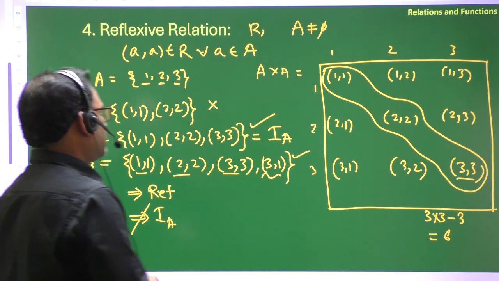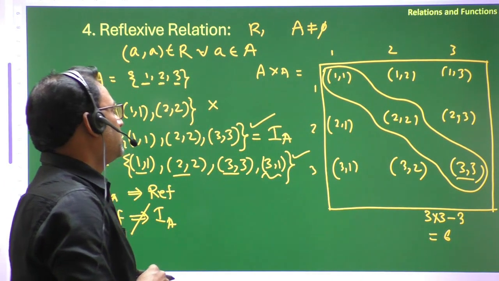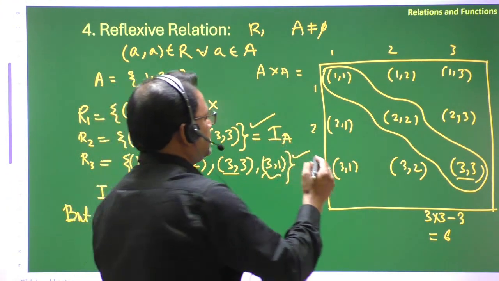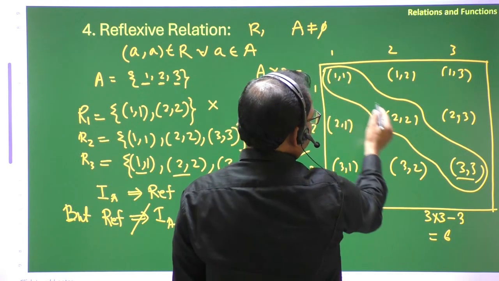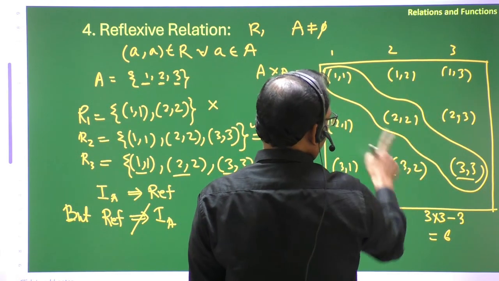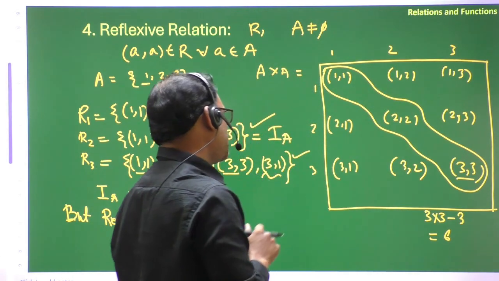Now we are going to calculate how many reflexive relations we can define on the set A. The diagonal elements are compulsory to define a reflexive relation, and for every non-diagonal element we have 2 choices.